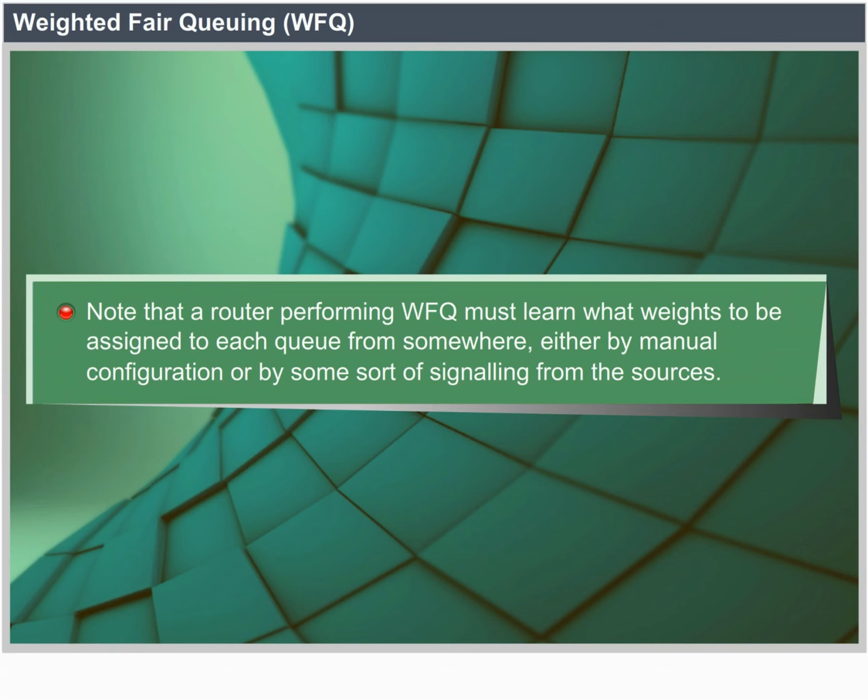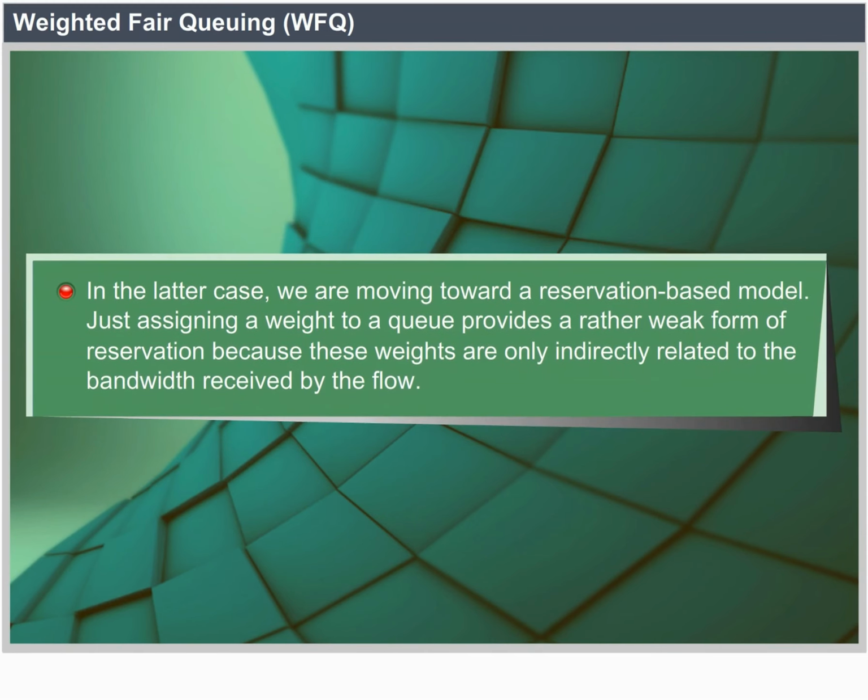In the latter case, we are moving toward a reservation-based model. Just assigning a weight to a queue provides rather a weak form of reservation because these weights are only indirectly related to the bandwidth the flow receives.